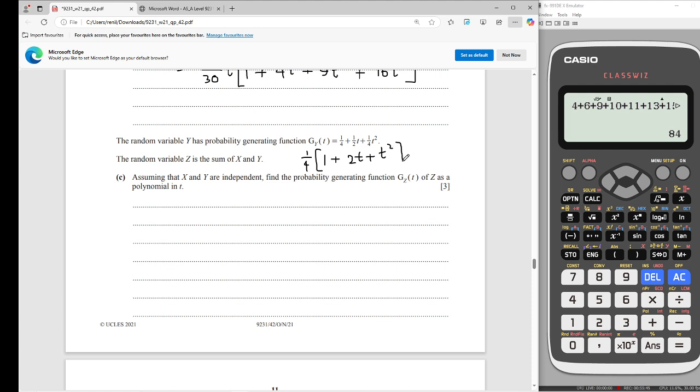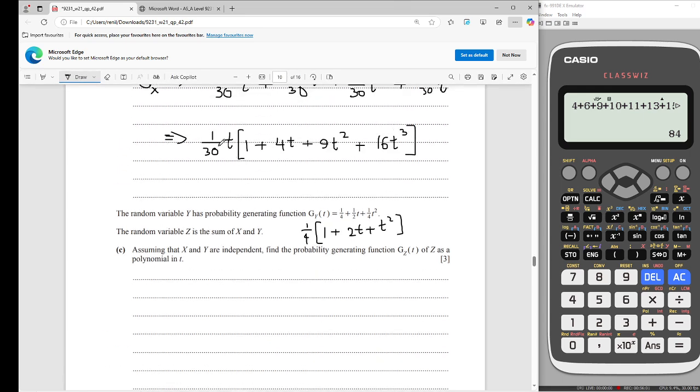Okay, this looks like the PGF of getting heads or tails when you flip a fair coin. But yeah, with the 1 by 4, this is a perfect function. Now we just need to multiply the two functions. Really simple: we just do 1 by 4 times 1 by 30, which is 1 by 120.